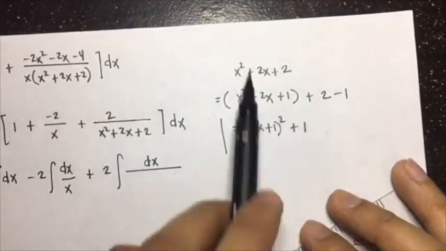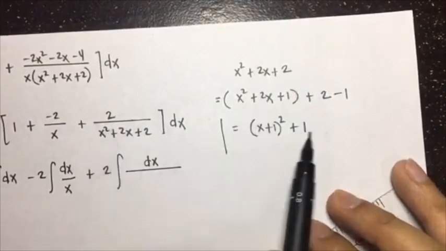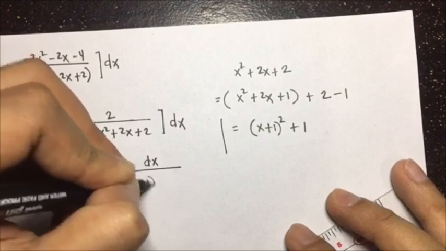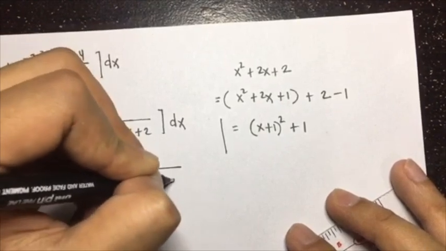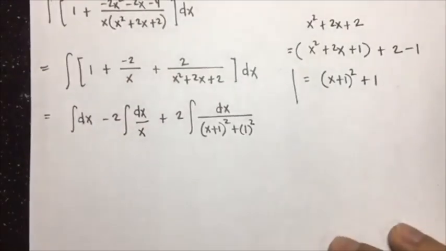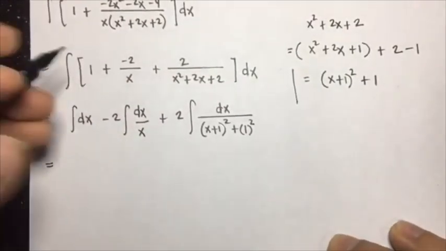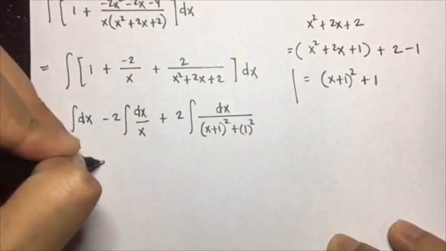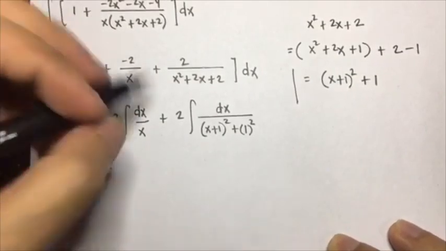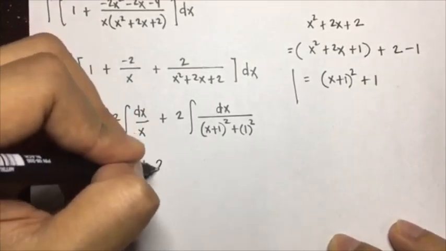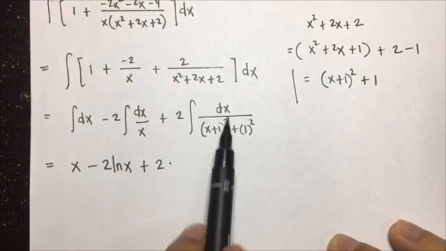If we rewrite this in this form, then we can solve this using arctangent. So x plus 1 squared plus 1 squared. Therefore the integral of dx is x, minus 2 times the integral of dx over x plus 2, which is ln of x plus 2, and then the integral of this.